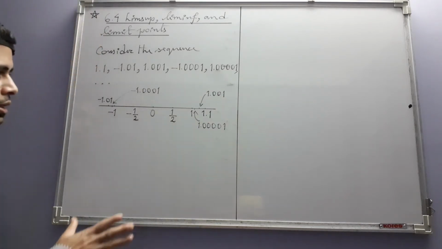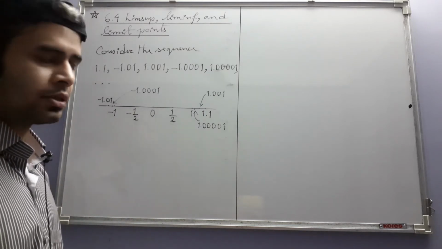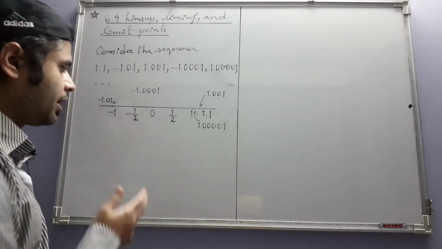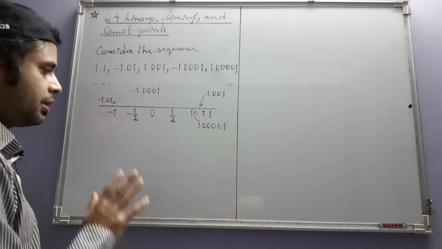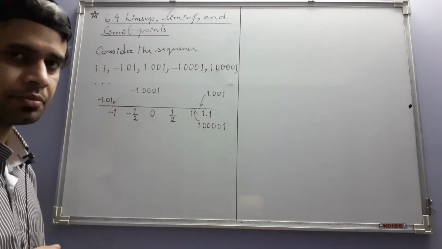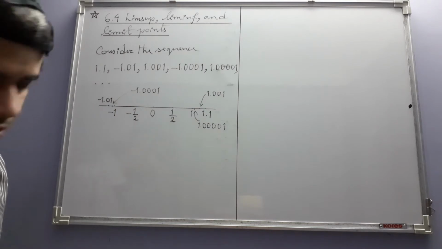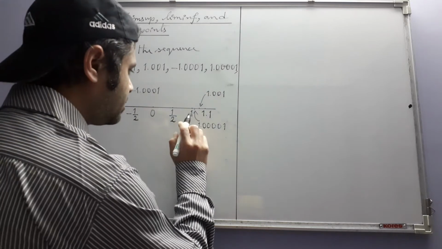So one can see that this sequence is not convergent, and in fact it does not in particular converge to 1 or -1. Why is that so?